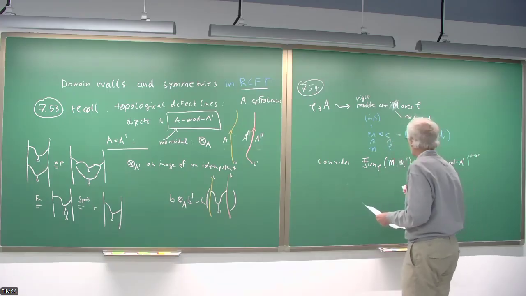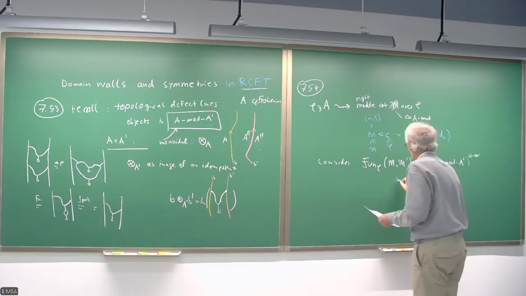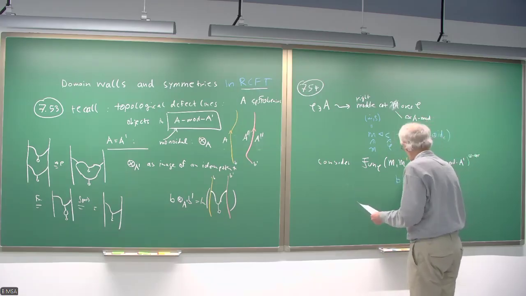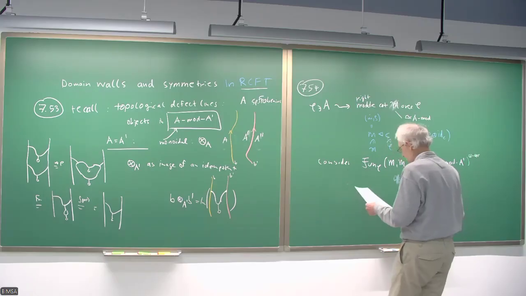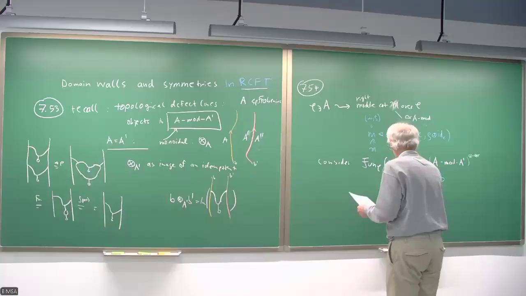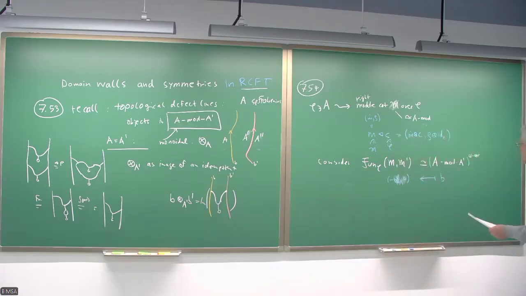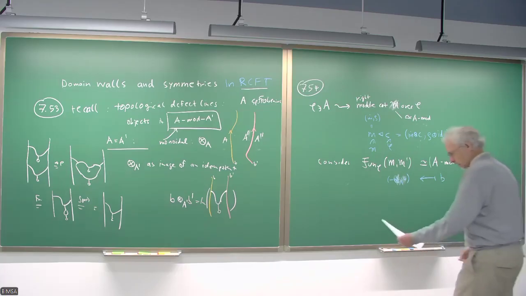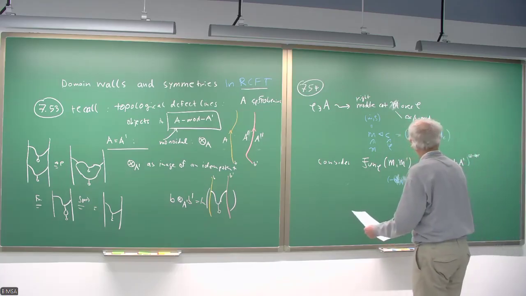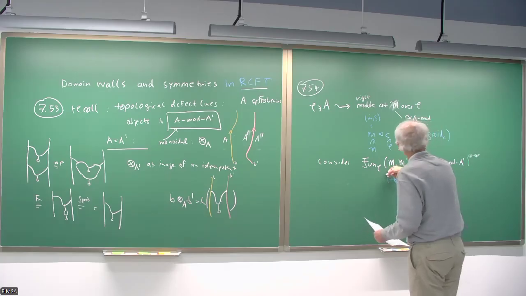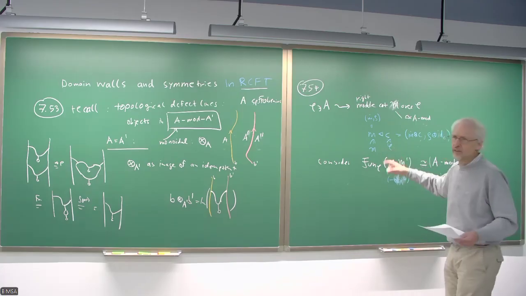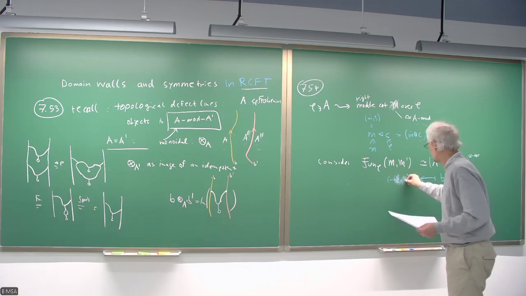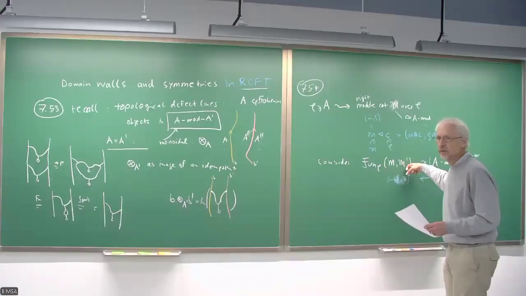This you simply get by taking, in this direction, you map a Y module to the functor which is given by tensoring over the A module. So I take an A module, now it's for right modules, I'm sorry, a right module, and tensor by a module from a right A module, I get a right A prime module.